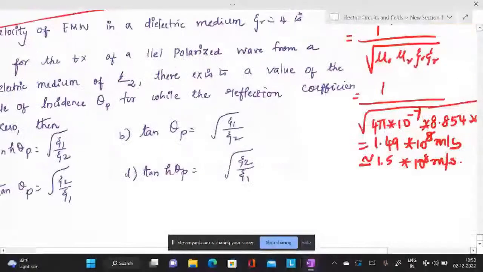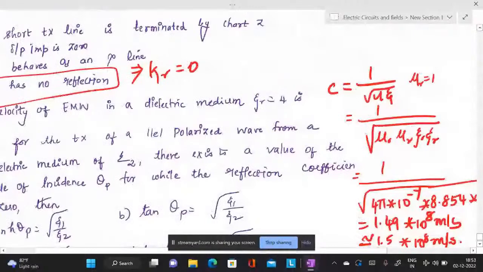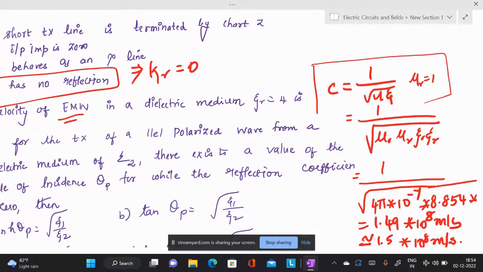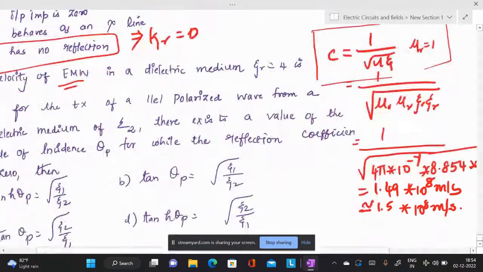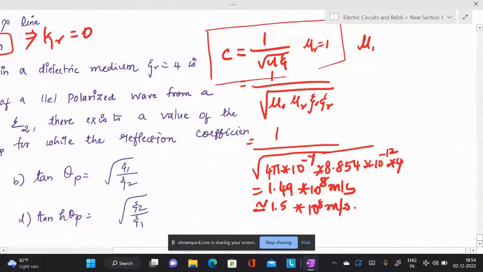So remember, velocity of EMW, very important problem. Velocity of EMW is inversely proportional to relative permittivity and permeability. C equal to 1 by root of mu epsilon. The value of mu naught we should always know, that is 4 pi into 10 to the power minus 7.